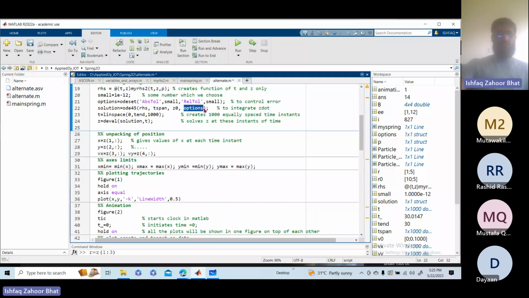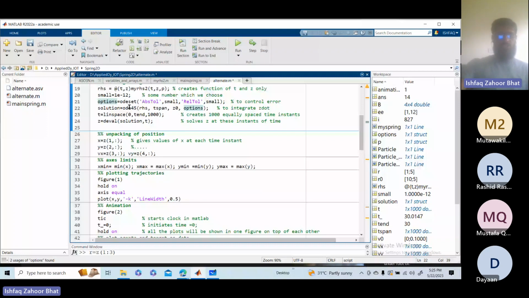And I am using options to control my error. I will talk about this option someday if I get time. Basically, it is enough if you think that it controls your error. We may change these values, and you can see how the solution changes. The rest of the things are the same.